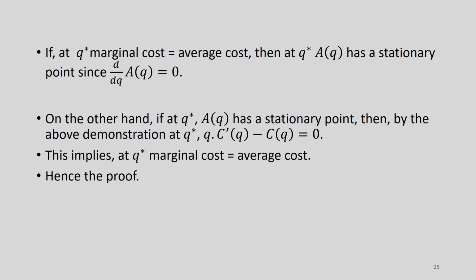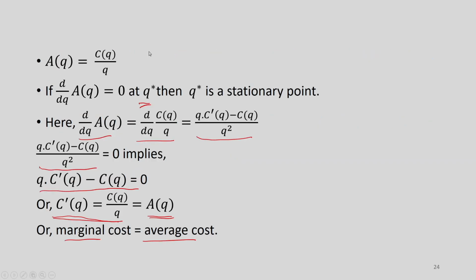If at q star marginal cost is equal to average cost, then at q star A(q) has a stationary point, since d/dq of A(q) will be equal to 0. Okay. So, that is what we have just seen.